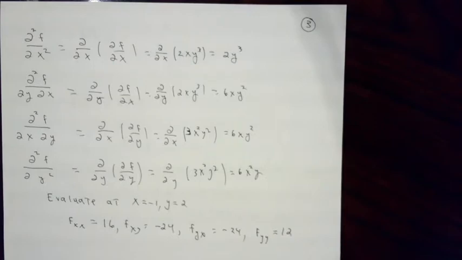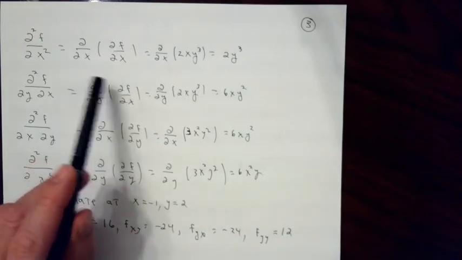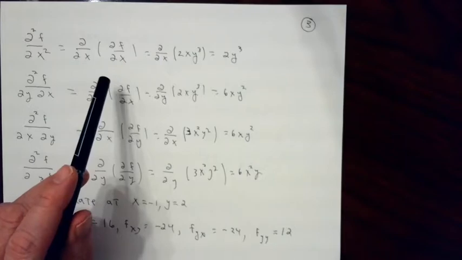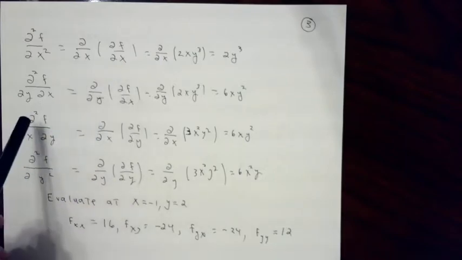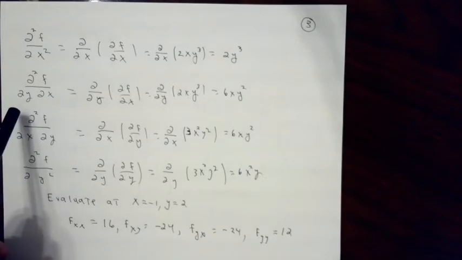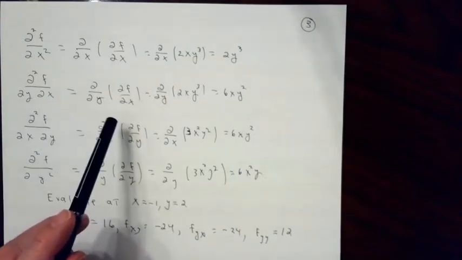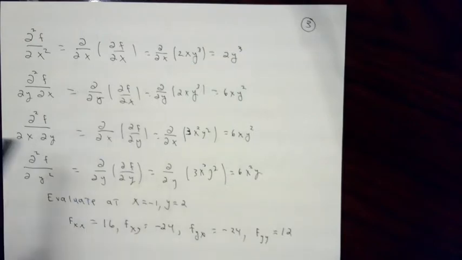In an exactly similar way, we can calculate the second partial derivatives. The first one, the second partial of f with respect to x, is the derivative with respect to x of partial of f with respect to x. The second partial of f first with respect to x and then with respect to y is the partial with respect to y of the partial derivative of f with respect to x.